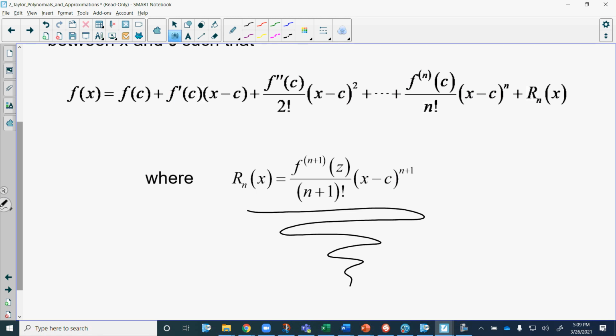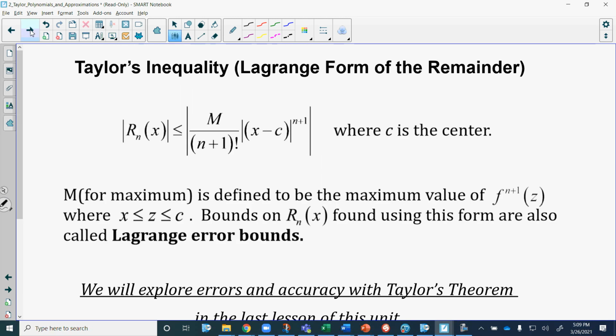This is referred to as the Lagrange error bound, or Taylor's theorem. And here they're saying that the remainder must be less than or equal to the maximum value of whatever you wound up getting for your Taylor polynomial over the n plus 1 factorial expression in the bottom, all of it multiplied by the difference of x minus c, the difference between x and your center, to the n plus 1 power.